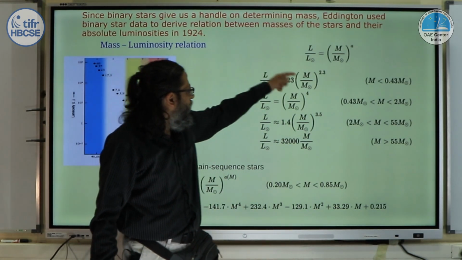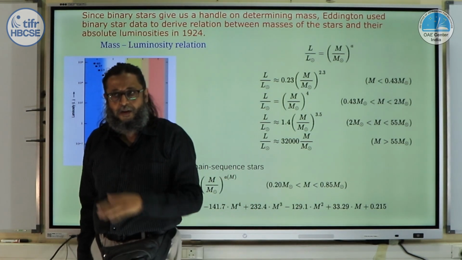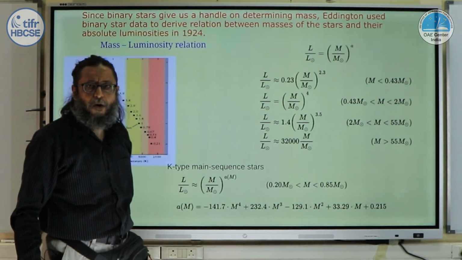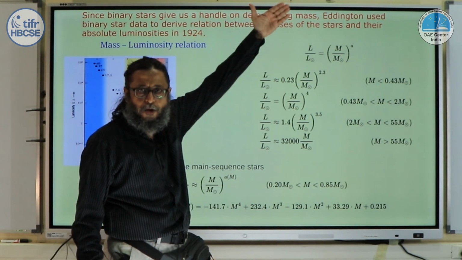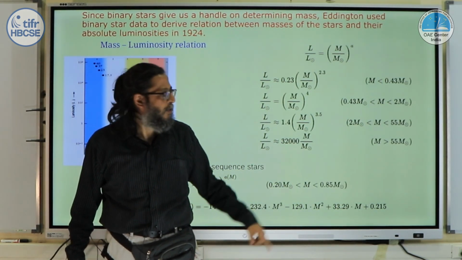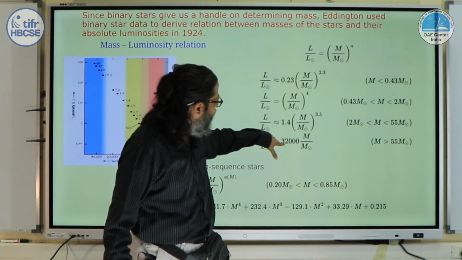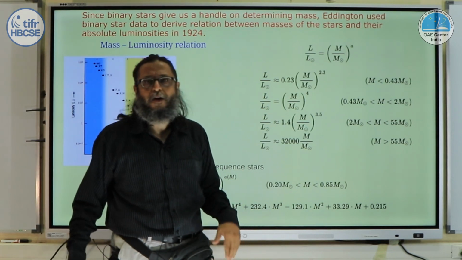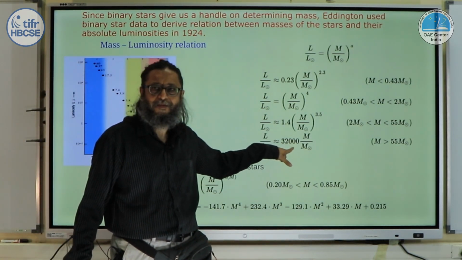So, if we are talking about very highly massive stars, OBA, those kinds of stars, basically we are talking about O stars, where the mass is greater than 55 solar masses, that is when your luminosity is linearly proportional to the mass. Okay, of course, this is your coefficient.